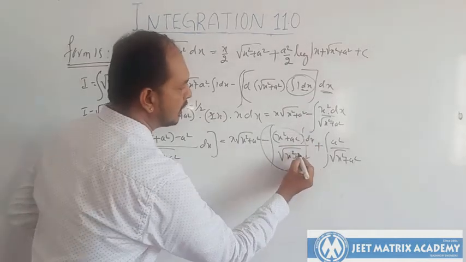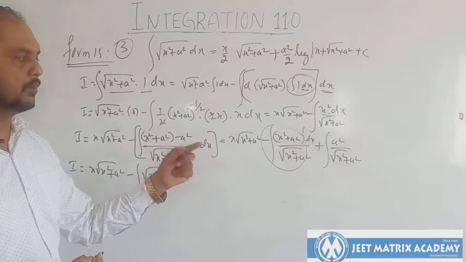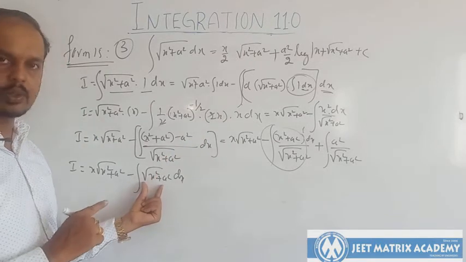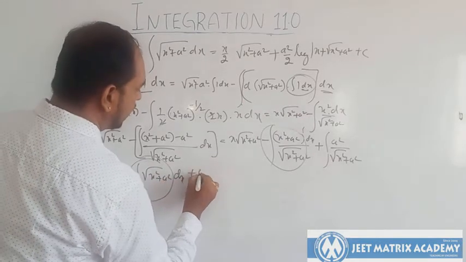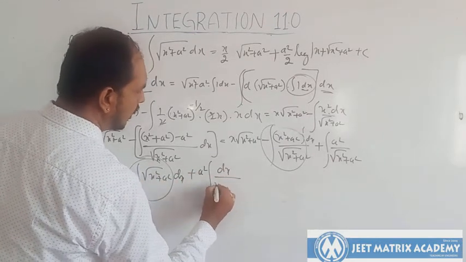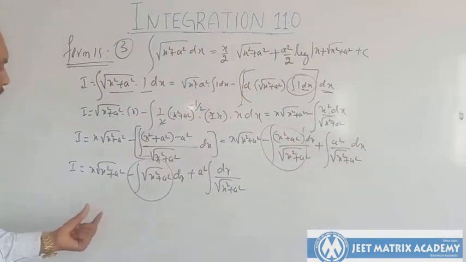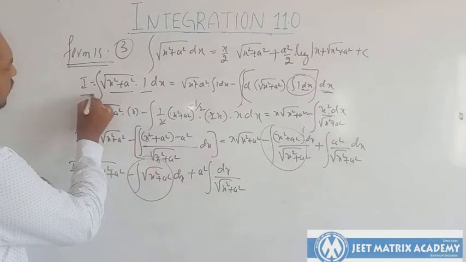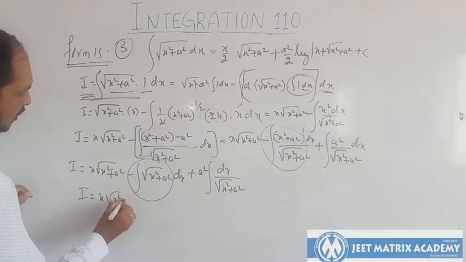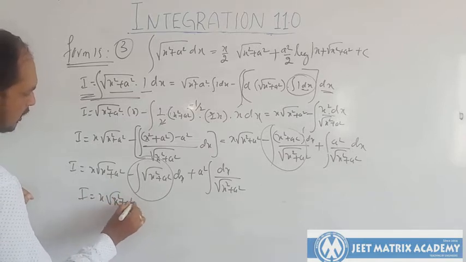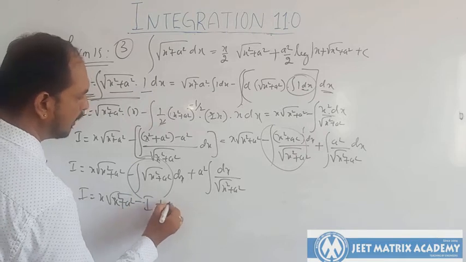This is to the power 1, this is half. When I take it in the numerator it will be minus half, so 1 minus 1 by 2 will be 1 by 2. So that is root of x square plus a square, and this is a repeating function, plus a square into the integration of dx divided by root of x square plus a square. Now here I substitute I because of the repeating function. So I equal to x root of x square plus a square minus I plus a square.